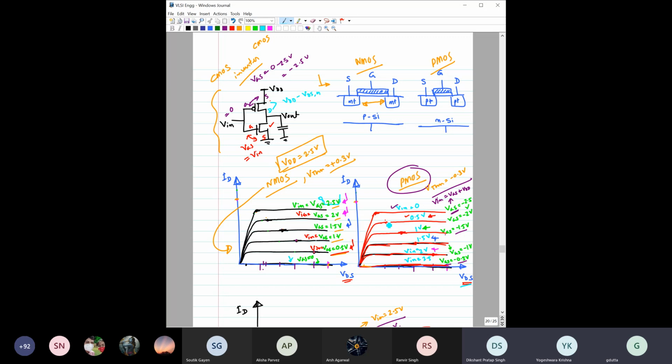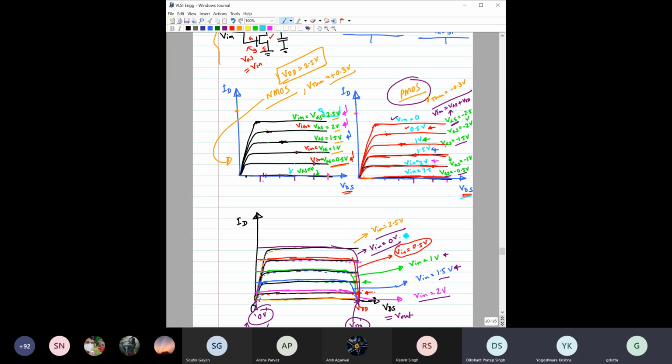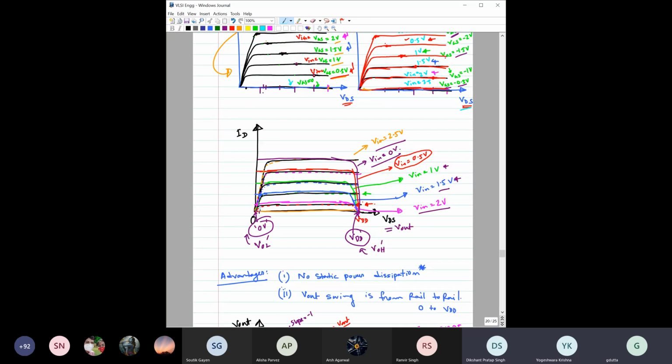So if you want to superimpose these output characteristics, you have to reverse the sign and substitute it from VDD. Then you will get the voltage transfer characteristics from the intersection points.